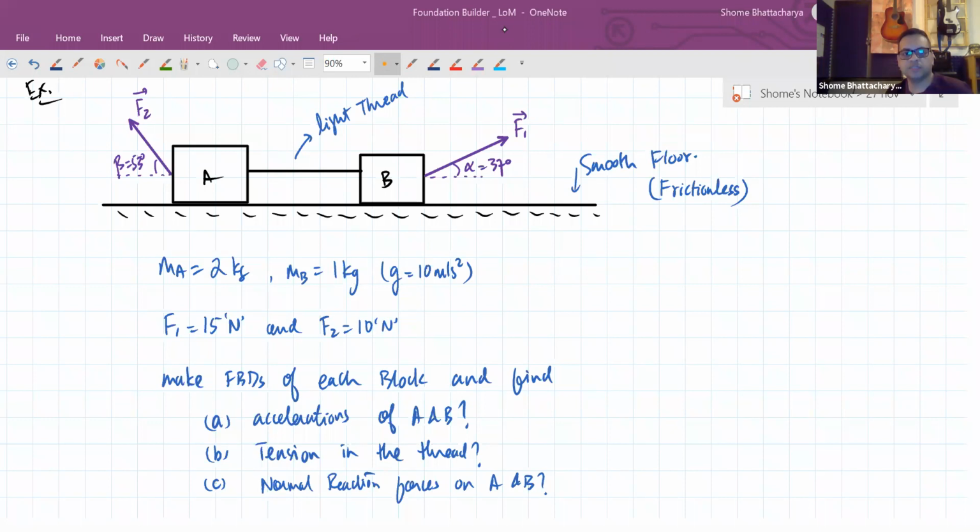First of all, let us make the free body diagram of each of the blocks. One thing you can start with is the uniform tension, which will be acting like this. Because F1 is greater than F2 in magnitude, and also this angle is less, we can assume that they are moving such that F1 is dominating. So the direction of acceleration is like this. I hope this is clear to all of you.